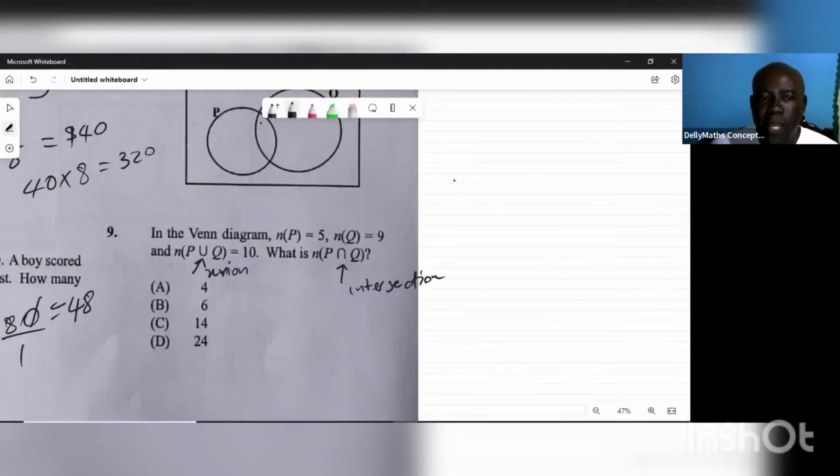So this is saying P unite with Q, and this other one down here is saying P intersect Q, which means that they have things in common. Or they are sharing ideas. And sharing means common. You're in here, you're in here.